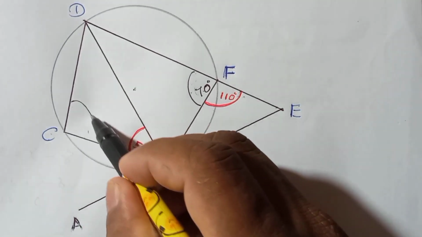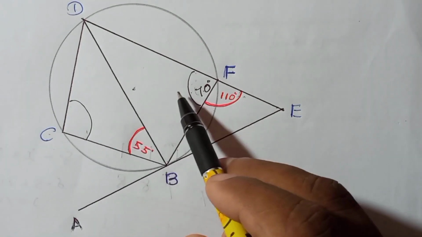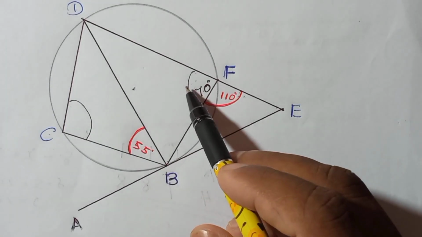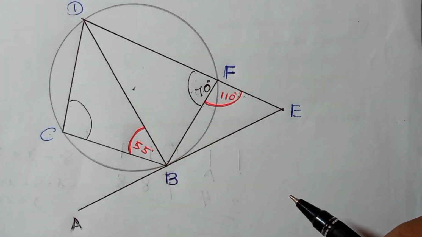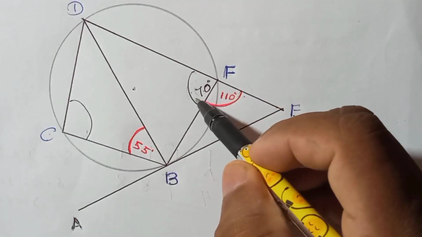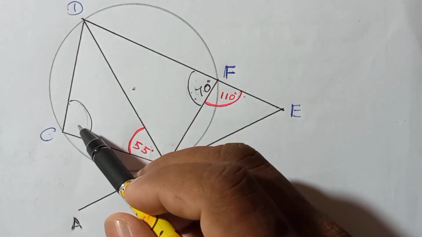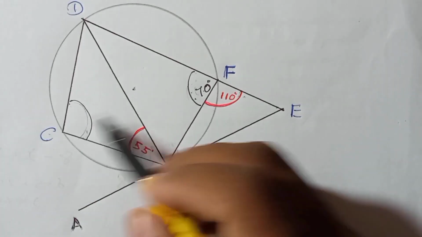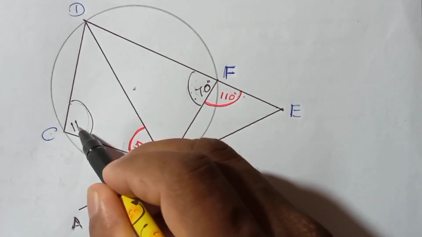In a cyclic quadrilateral, we have learned that opposite angles are supplementary. That means this plus this should be 180. So this should be 110.